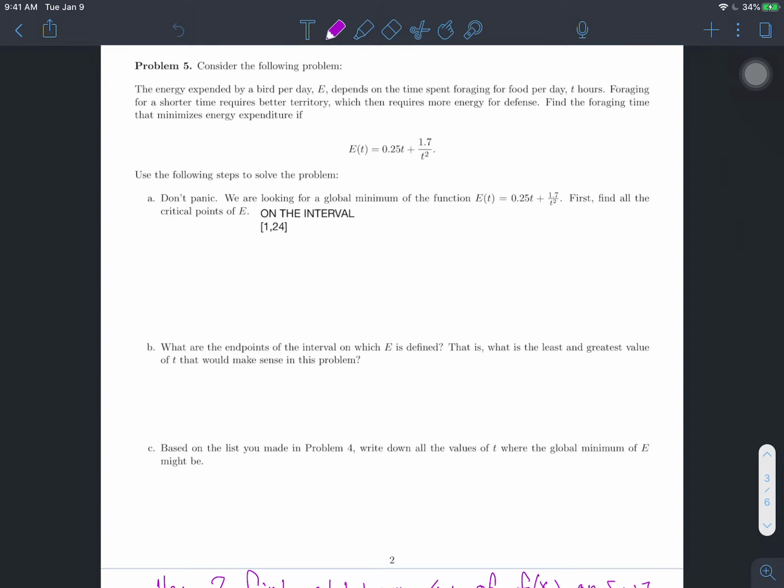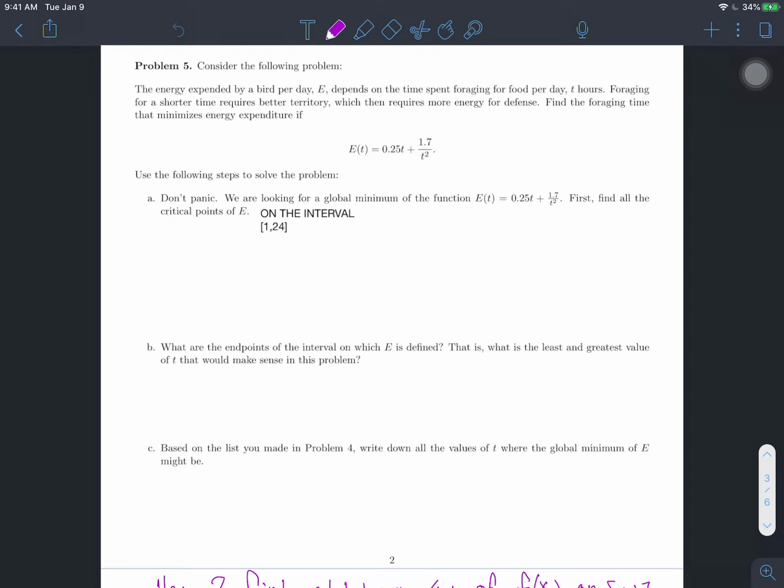Okay? So, the quantity which we want to minimize is the quantity E of t. And we're supposed to find all of the critical points of E on the interval from 1 to 24.